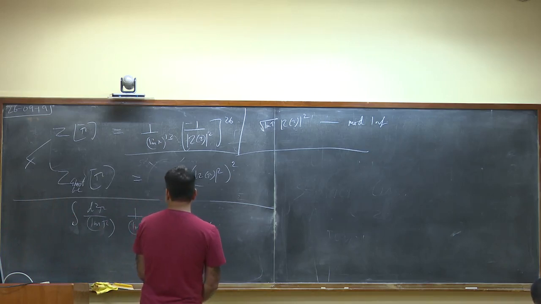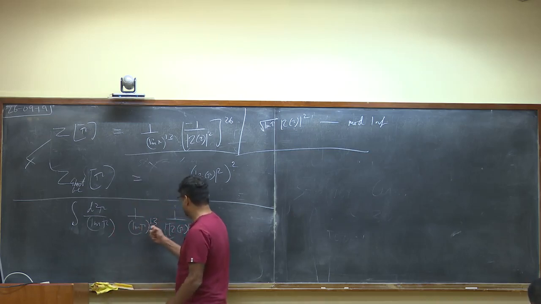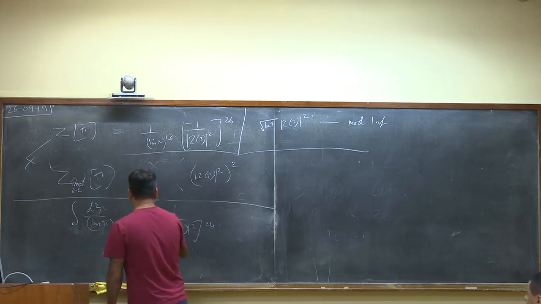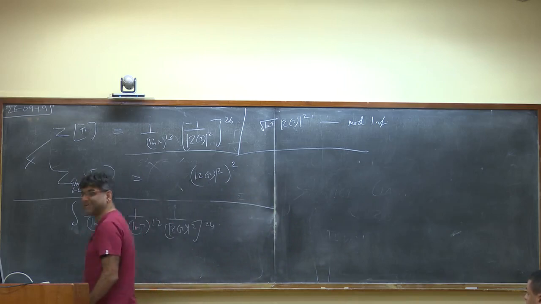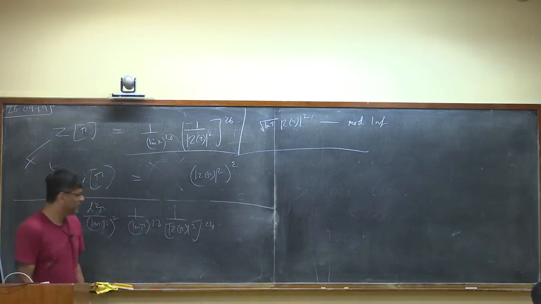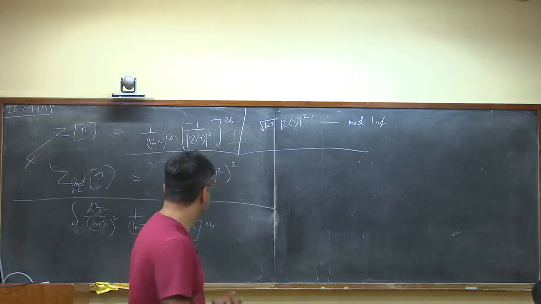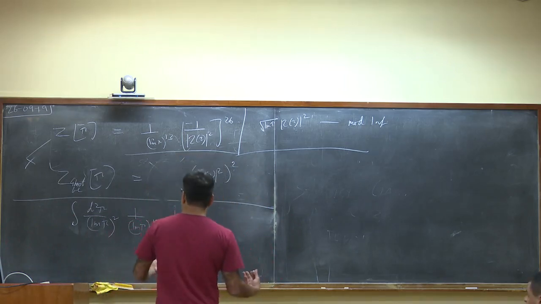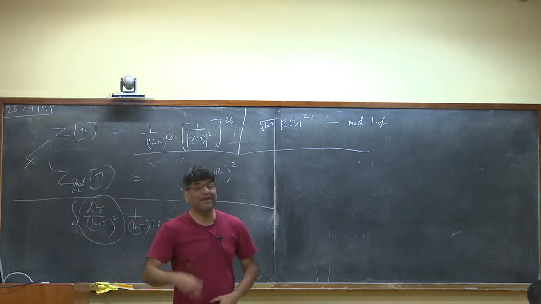Now, the fact that we've got this extra factor: 12 of these are naturally paired with this, and the 13th one comes here. And the reason this is nice is that this quantity by itself is a modular invariant measure.